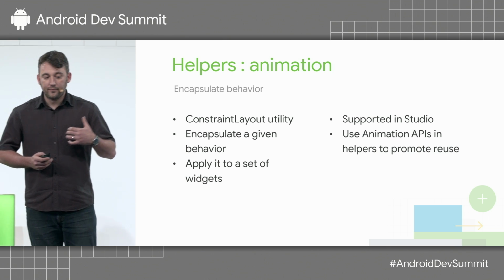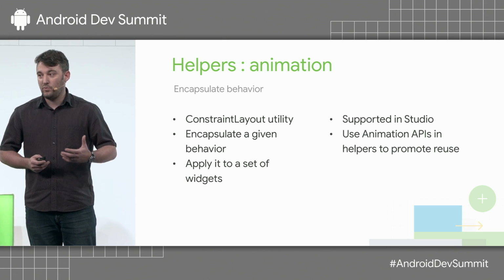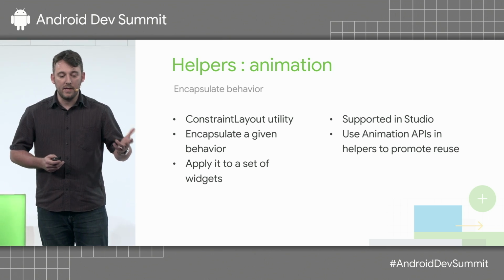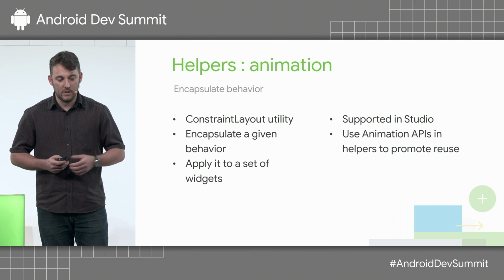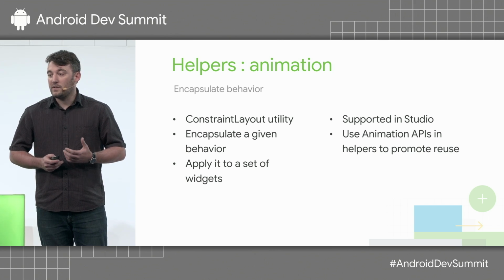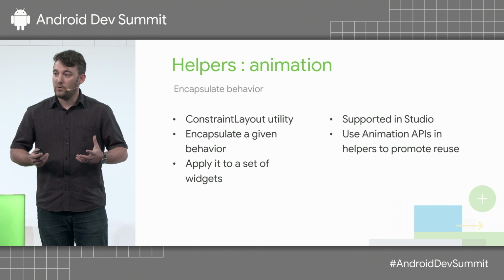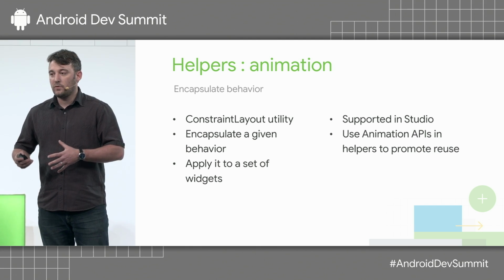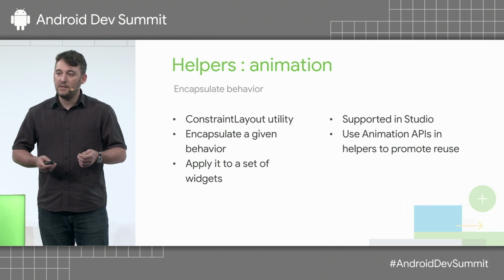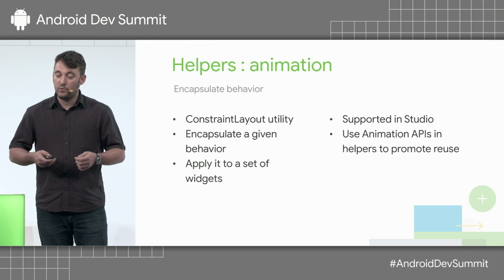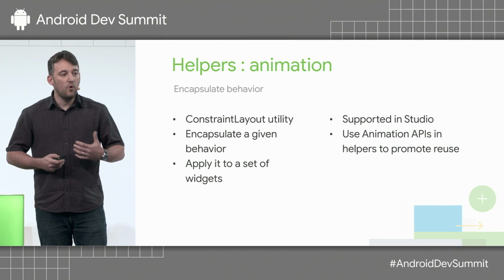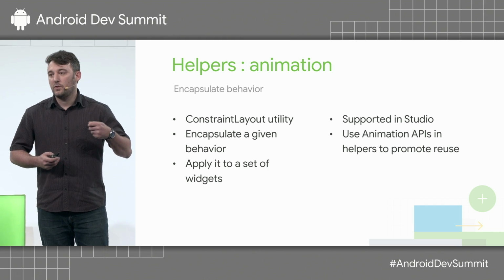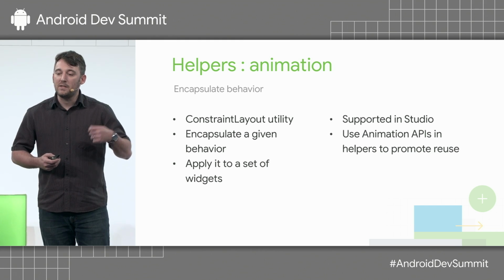And in 2.0, we expose them publicly, so you can create helpers yourself just by inheriting the class. What's great is that it's a way of encapsulating a behavior in code and putting it into a helper. We support the use of helpers in Android Studio, so it's very easy to add widgets to those helpers, have the helpers reference those widgets, and you can think of it as a way of tagging those widgets with a specific behavior.